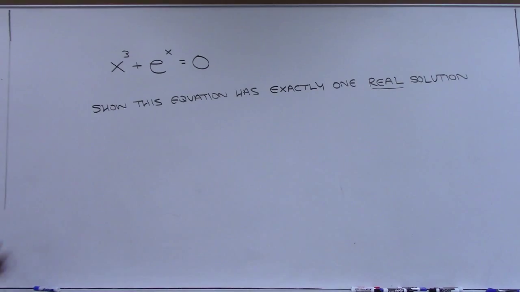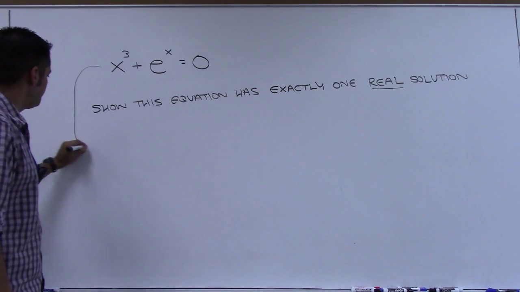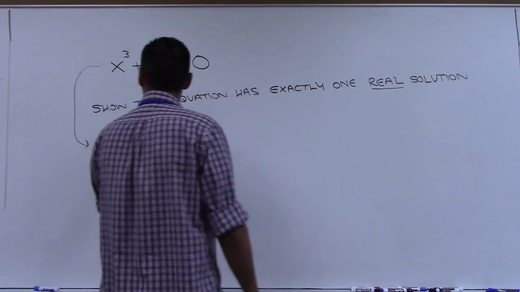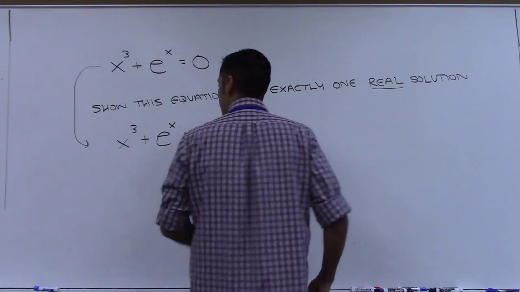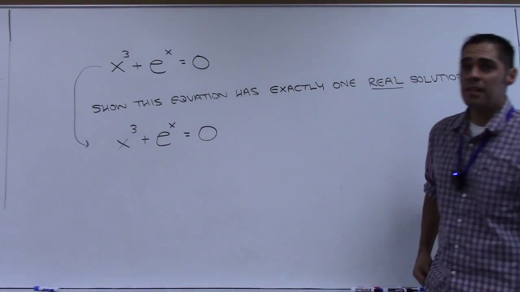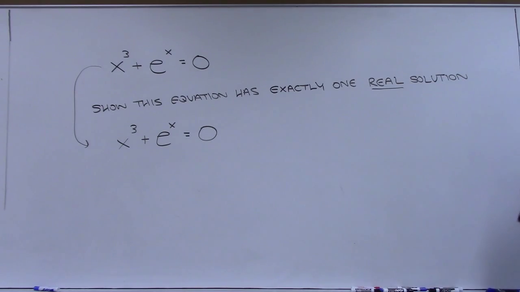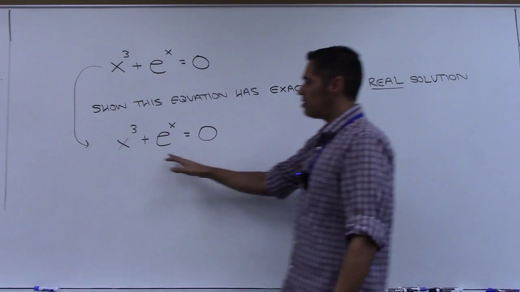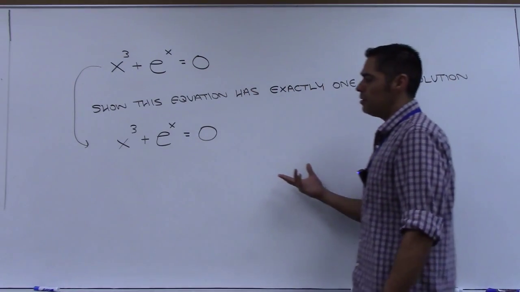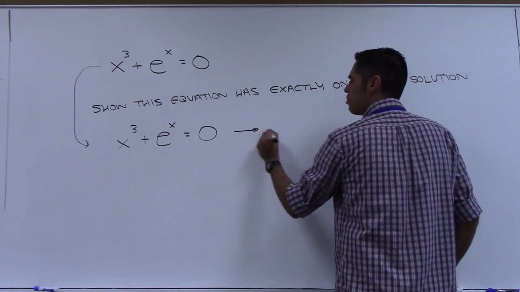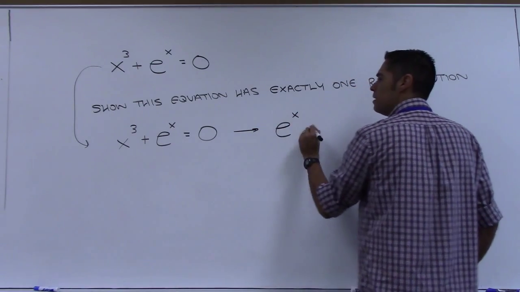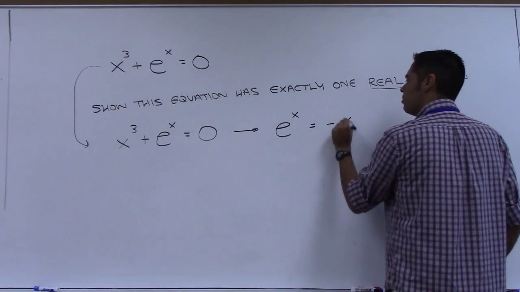If you go through all the different techniques that you've learned in algebra of how to solve equations, this doesn't fall into any of the categories you've ever learned. You know how to solve exponential equations, and you should know how to solve polynomial equations. But the trouble you run into if you try to get x isolated is, let's say you get clever and move the x cubed to the other side.